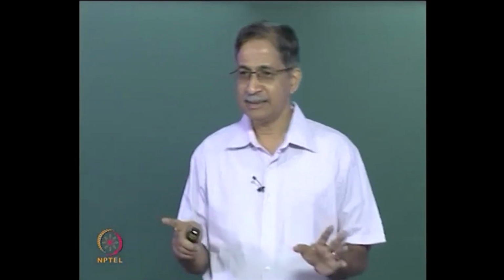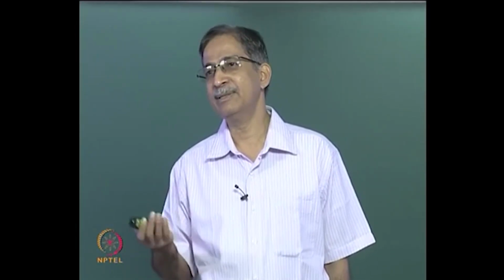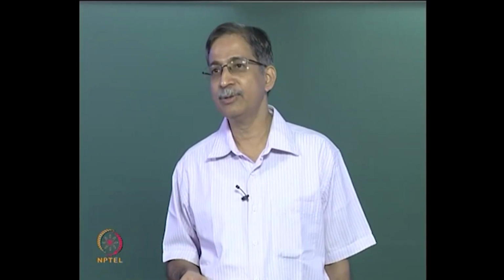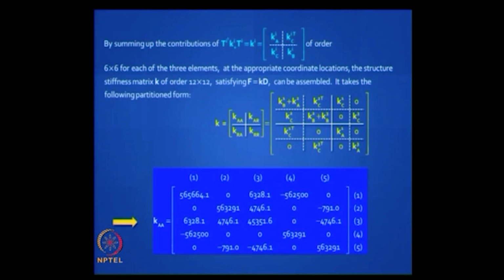Can I proceed? You need to go through the book and see this example in greater detail. I am just repeating because we can't possibly solve these matrices in class, you need to solve them by yourself. Then we have to assemble the structure stiffness matrix exactly the way we did in the last class. I have explained this earlier.